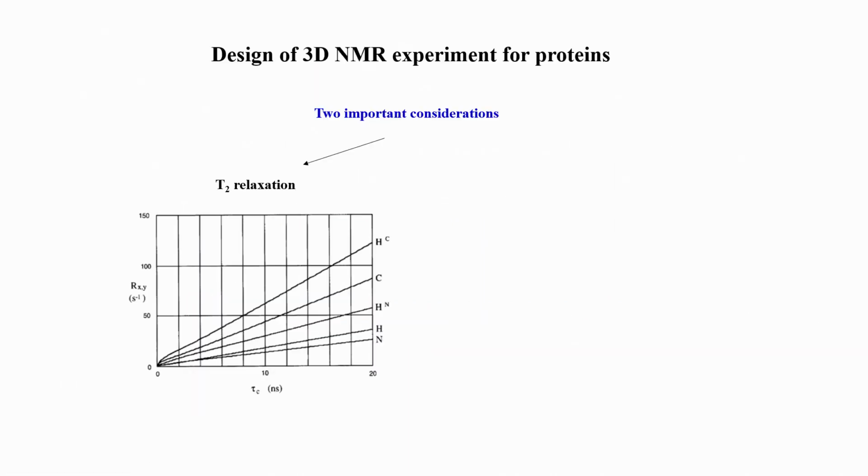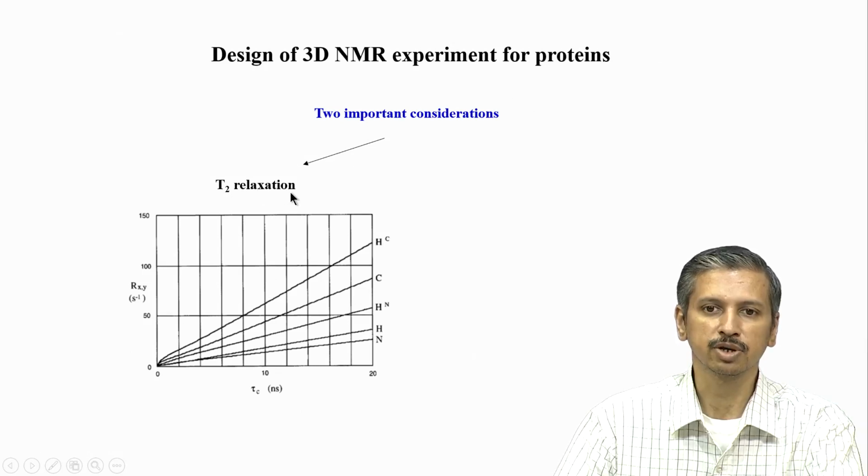Now let us look at the considerations we have to take into account when we are designing or looking at a 3D NMR experiment. As the dimension of NMR increases, from 1D to 2D to 3D to 4D and so on, what makes the experiment less and less sensitive is the T2 relaxation. T2 relaxation is the transverse relaxation which we have seen.